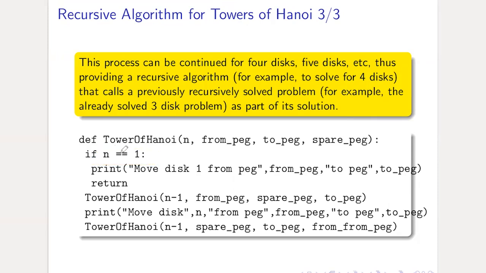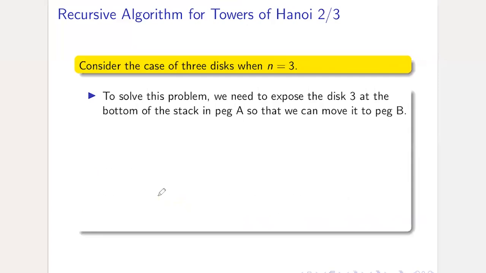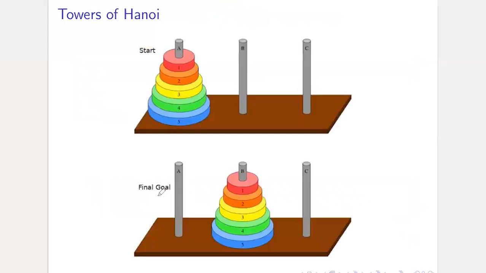Otherwise, if n is not equal to 1, what we would do is move the top n minus 1 disks. We will act like we are only having this set, 1 to 4, and get it moved not to this B but to C. In that case, we can move this one here.